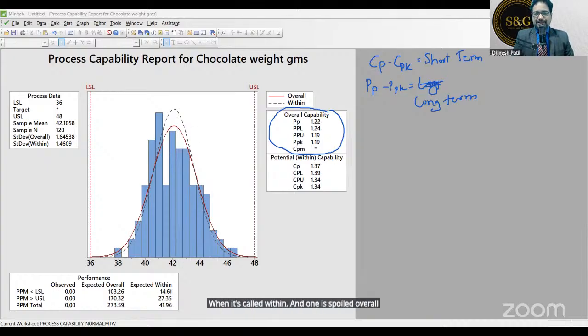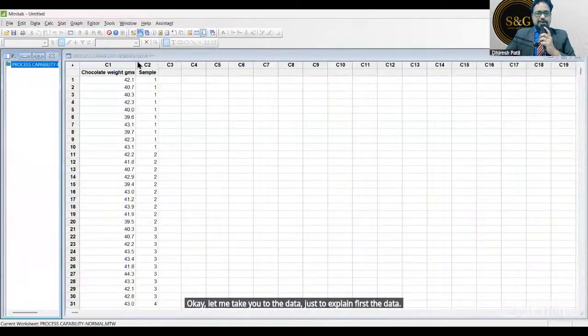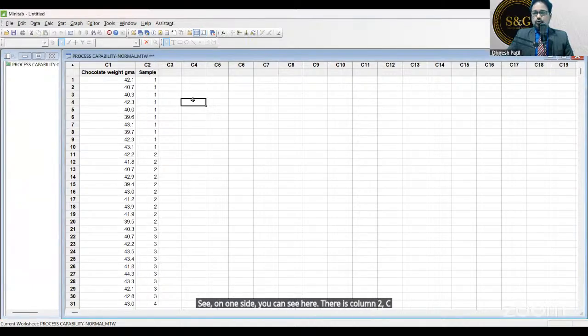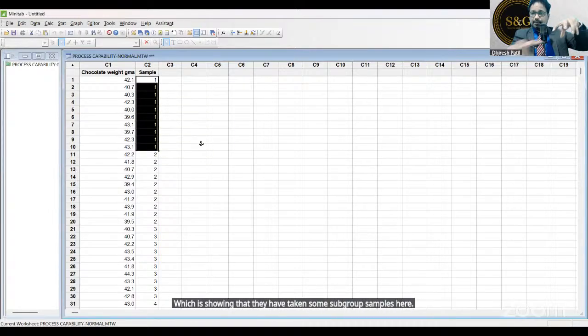Let me quickly explain what is overall. Let me take you to the data first. On one side you can see column C2, which shows that they have taken some subgroup samples, some groups of samples.